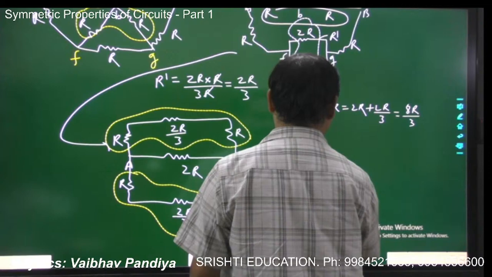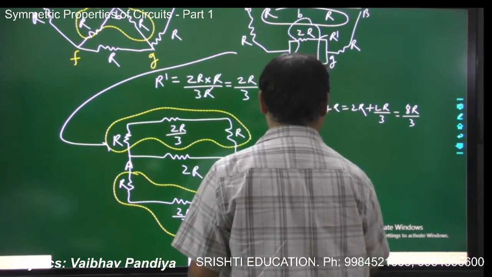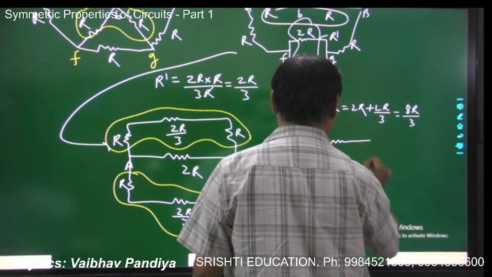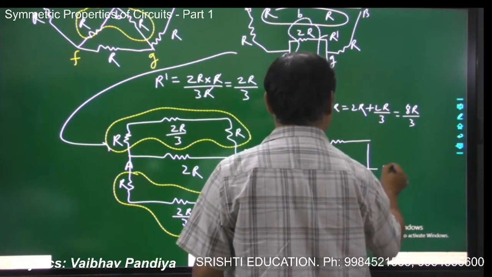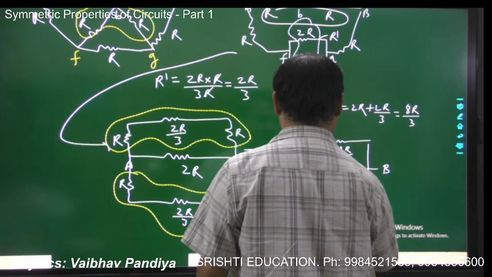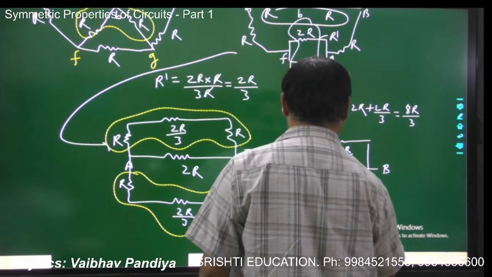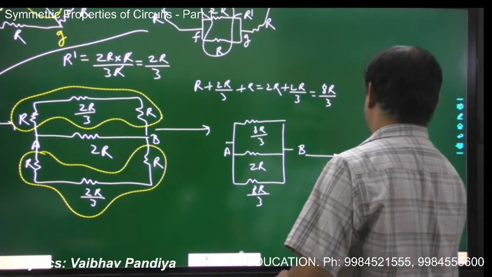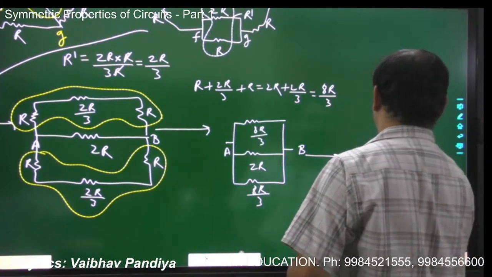So between A and B, I have three resistors, 8R by 3, 2R, 8R by 3 in parallel combination. So now I can get a single resistor between A and B.